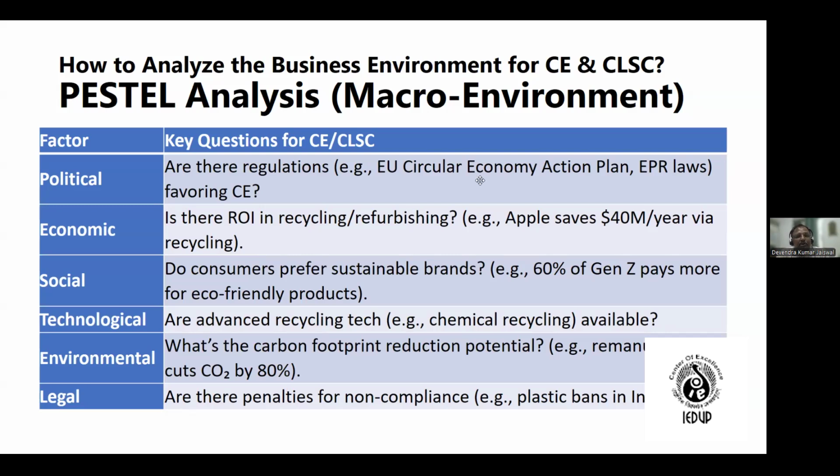Then there is the social factor. Social issues are whether consumers prefer sustainable brands. 60% of Gen Z pays more for eco-friendly products. These new-generation people, maybe the kids that people like me have, are very aware of the environment and environmental factors. They ask whether an item is recycled or not, and if it is, they might like to pay extra and use it.